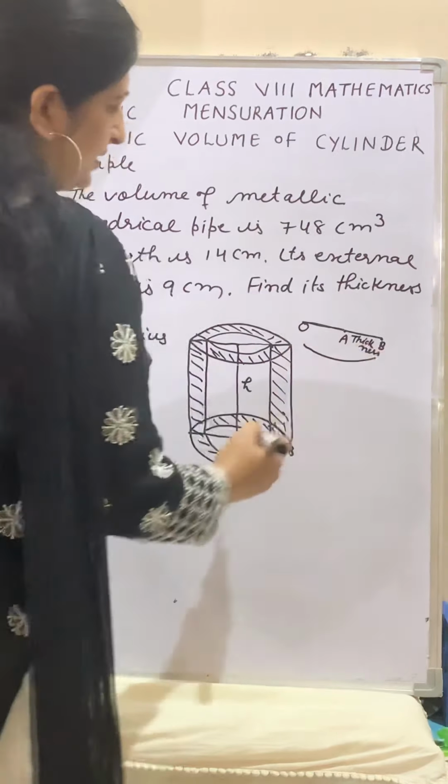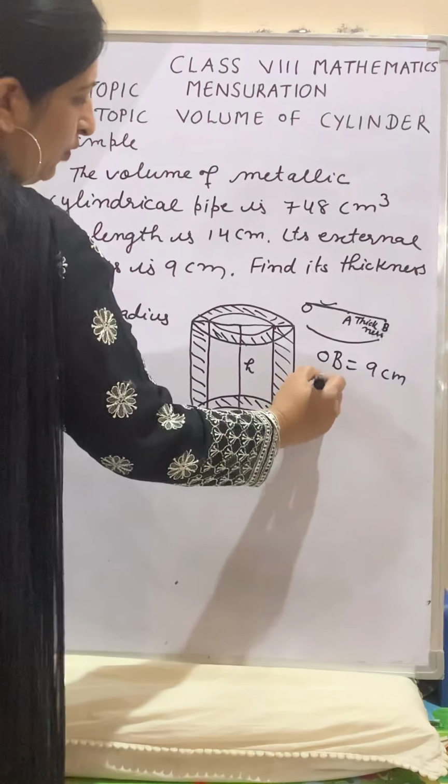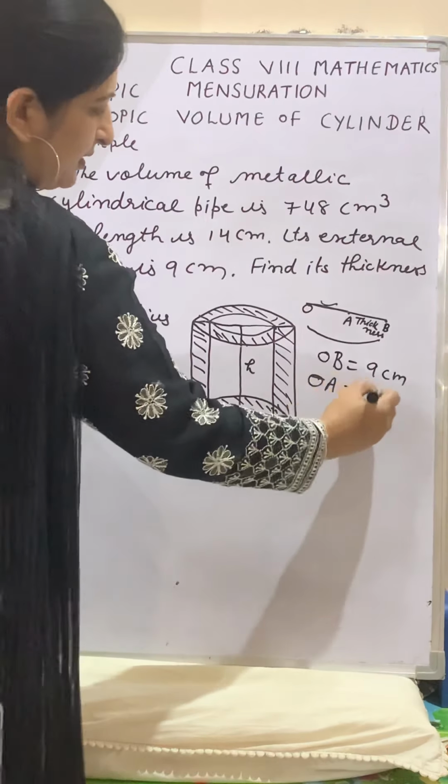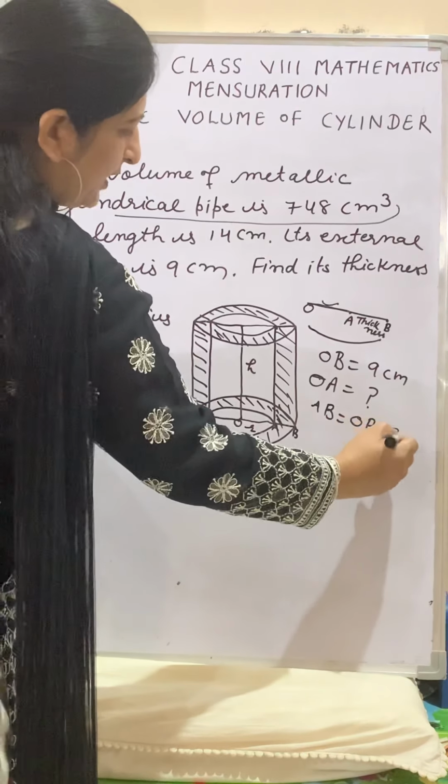Thickness we have to find out. How? First of all, we have to find out the inner radius OA. Because the volume is given, we will find OA, then we will find the thickness AB. How? OB minus OA.